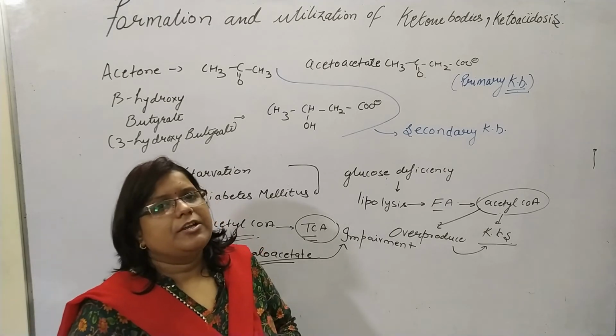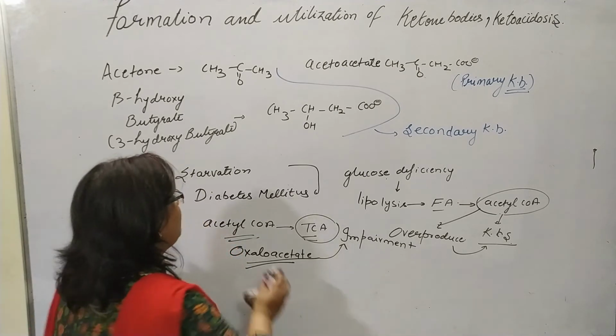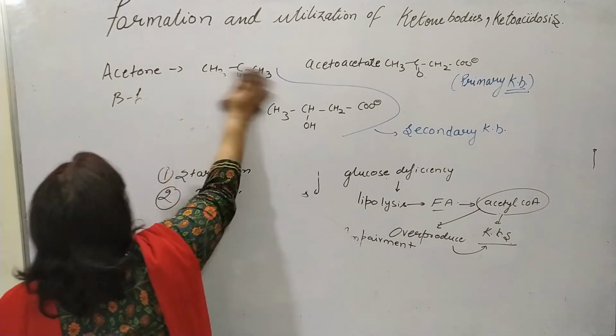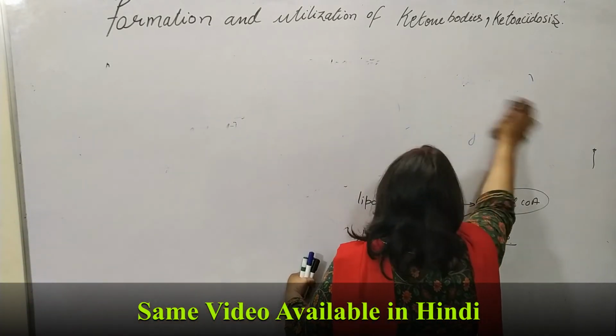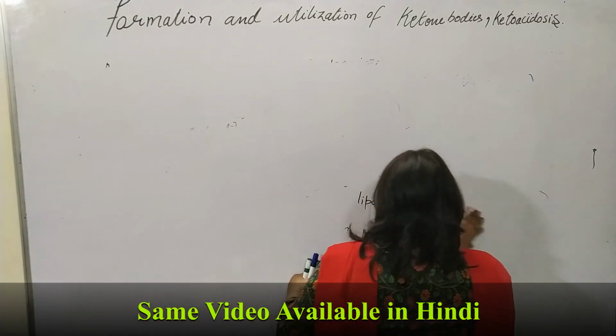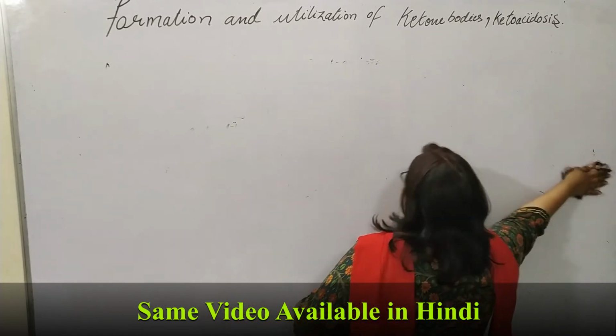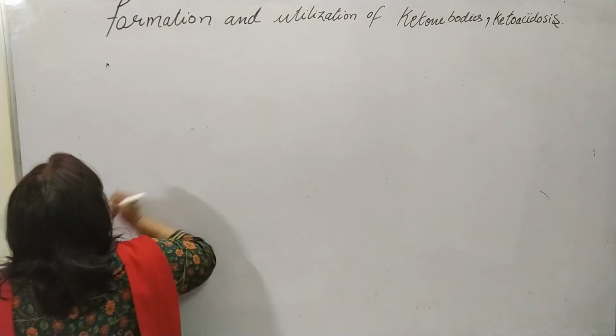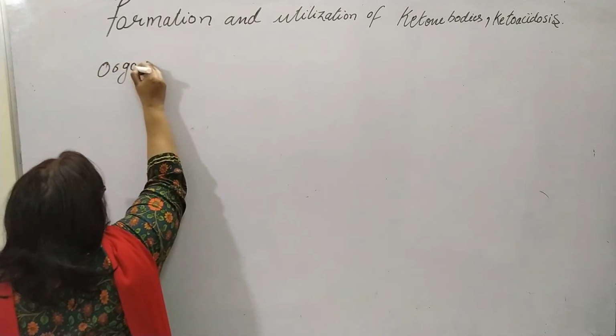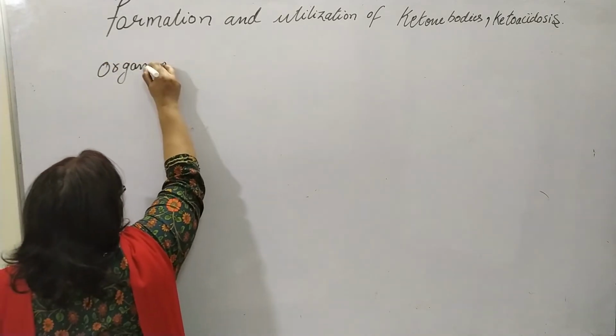Now we will see the formation of ketone bodies, how they form in our body. Mainly some organs are able to utilize these ketone bodies for energy, and the brain is the main organ which utilizes them as an energy source.